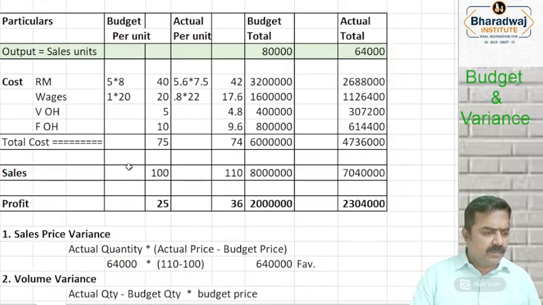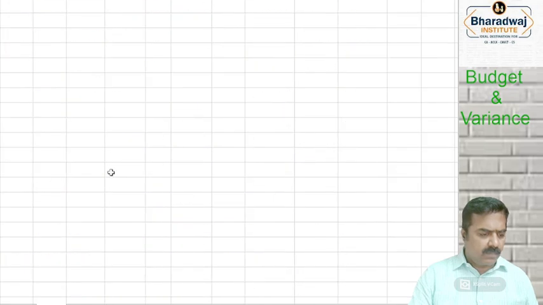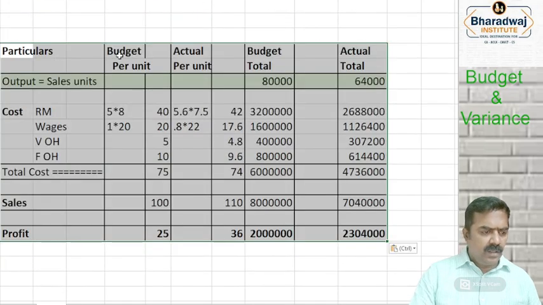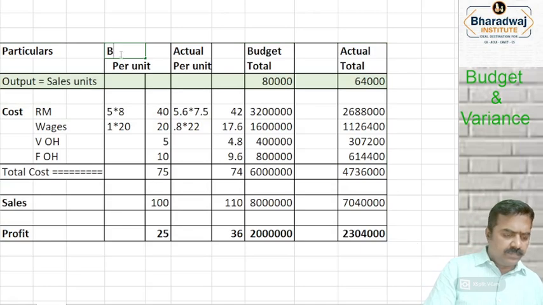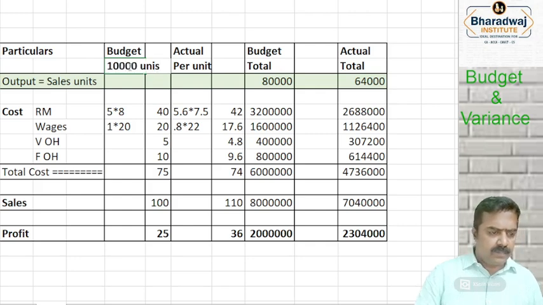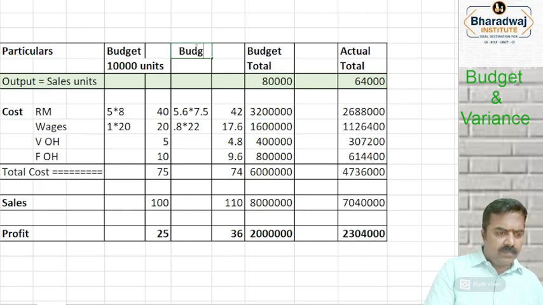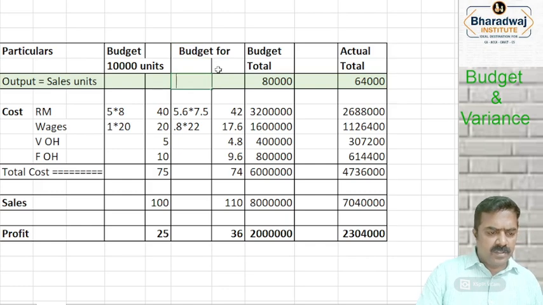Maybe in a columnar format, like budget for 10,000 units. Then flexible budget for how many units?